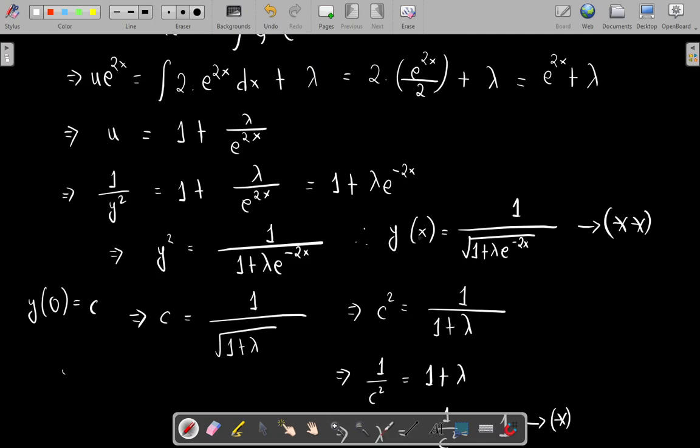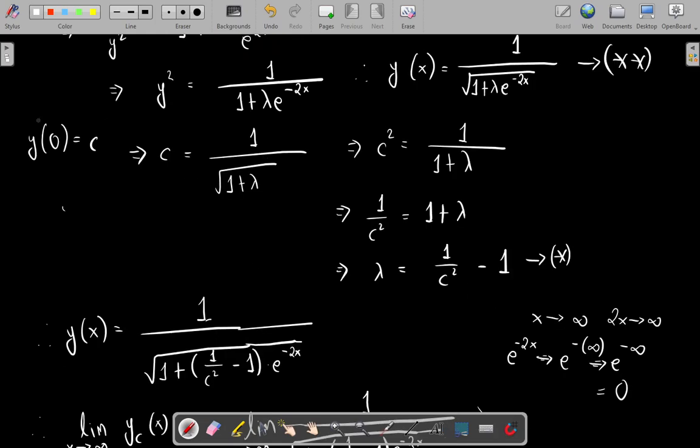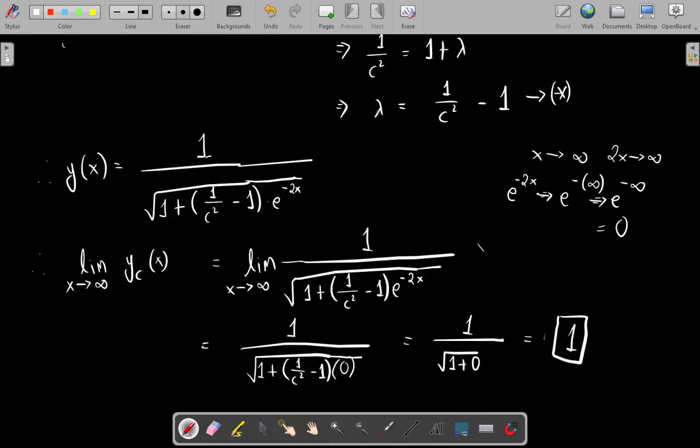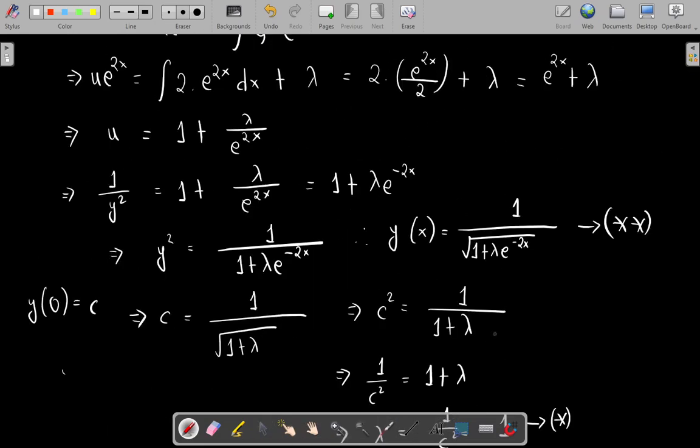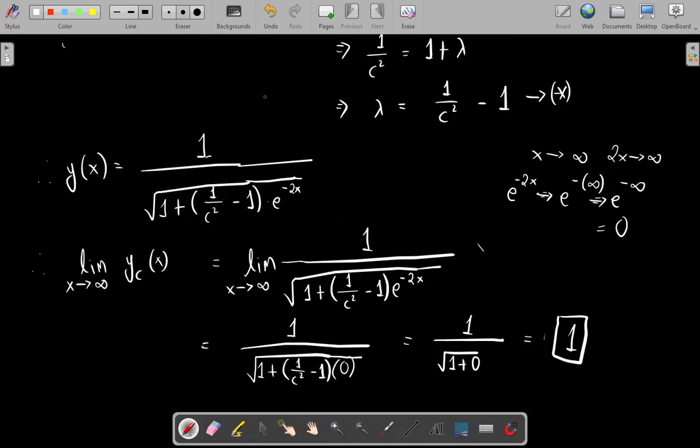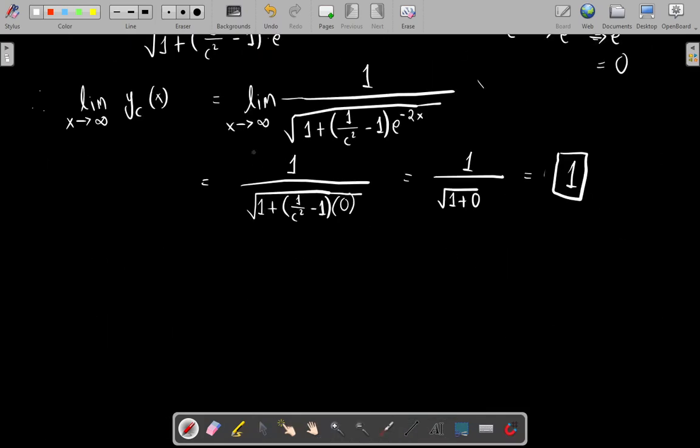After that, we discovered the expression for y as a function of x, and after that we used the initial condition which was given, and from there we found the value of the constant we used in the integration, lambda, and then reverted back to the original expression we found for y, and then we computed the limit as was required as x tends to infinity, and the final answer was 1.